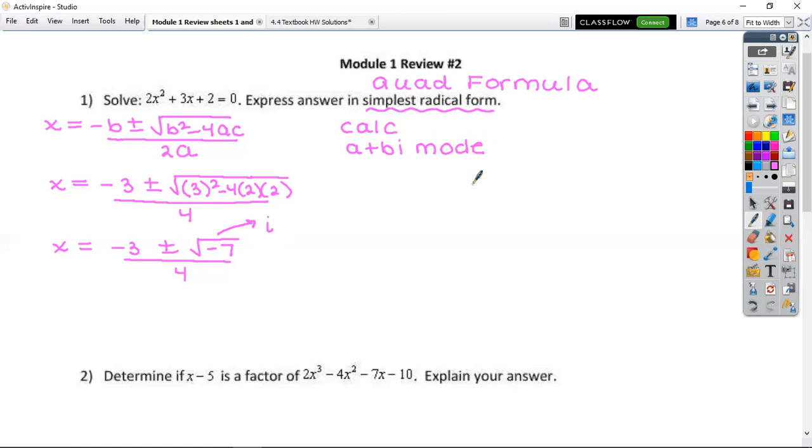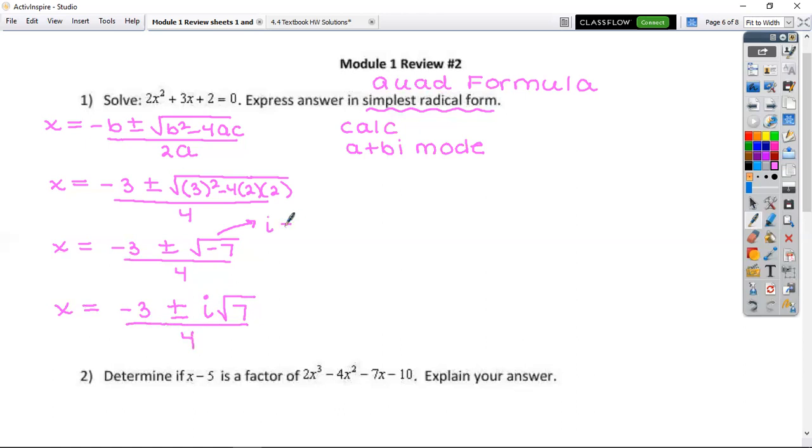And then to make sure that you've got it set, go ahead right now and do the square root of negative 1. And you'll see that that gives you the i. So this is going to become x equal to negative 3 plus and minus, again, the negative just becomes the i, and 7 is a value we can't simplify, so you're just going to leave it, and then over 4.